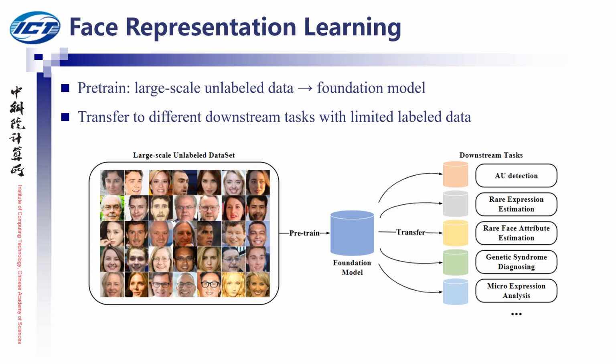Therefore, it's worth exploring how to use large-scale unlabeled data to learn a general representation for different downstream tasks. In detail, we first learn a universal face representation with large-scale unlabeled face images. After that, we can transfer the learned foundation model to different downstream tasks with limited data.